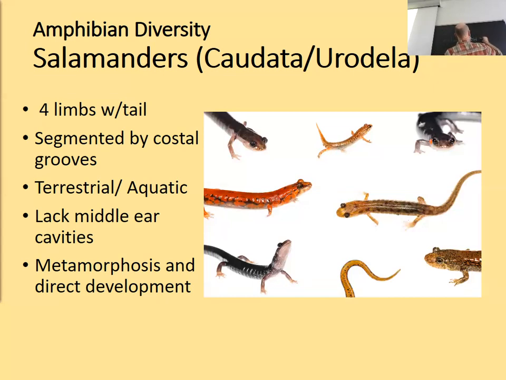Metamorphosis means that you transition from a larvae into an adult at some point in your life history, right? It means at some point you're a larvae and then there's a big transition, not just a getting bigger transition, but like a marked transition. So the great example of this is frogs.